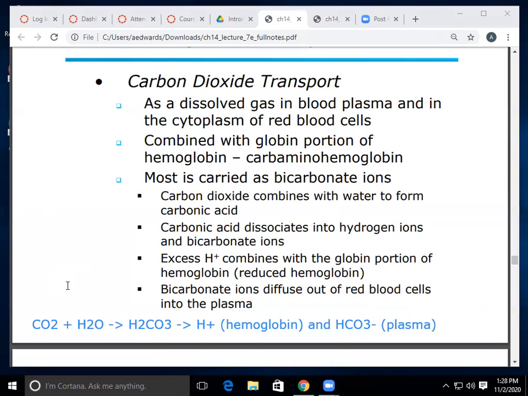I don't know, you can't really see it. All right. So yeah, that's basically what's happening there. That's what happens to your carbon dioxide in the bloodstream.